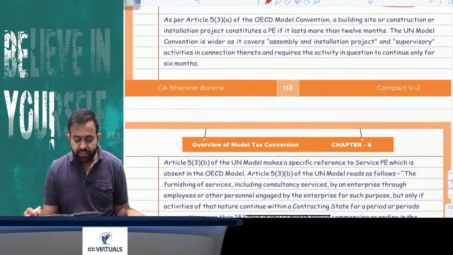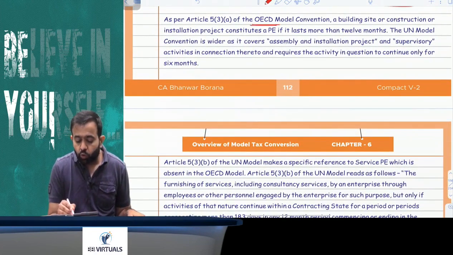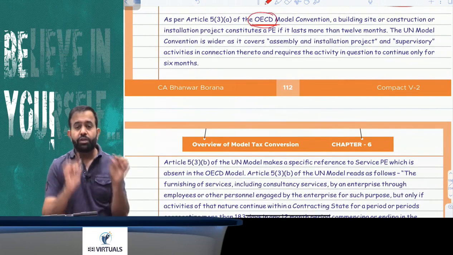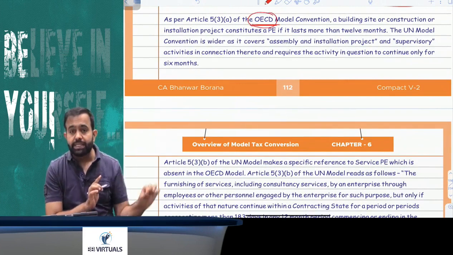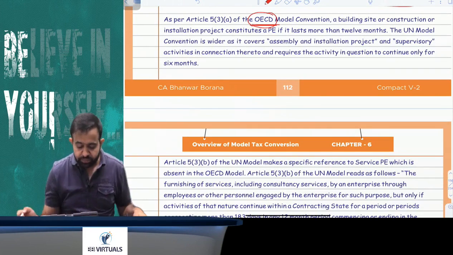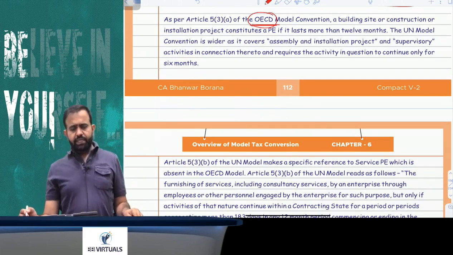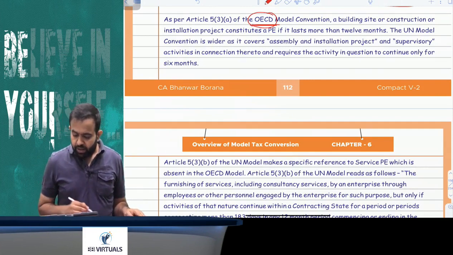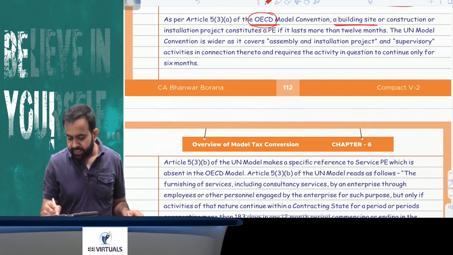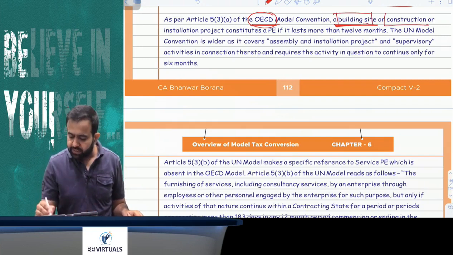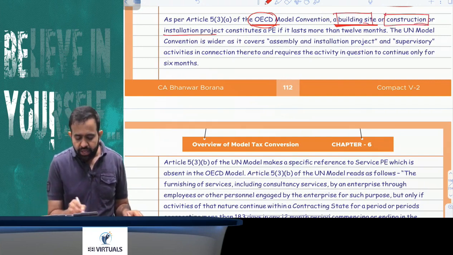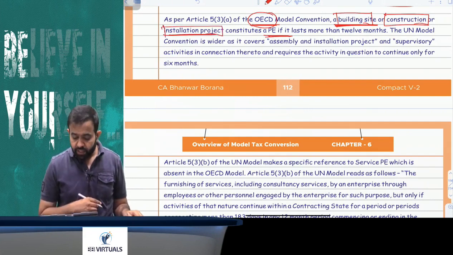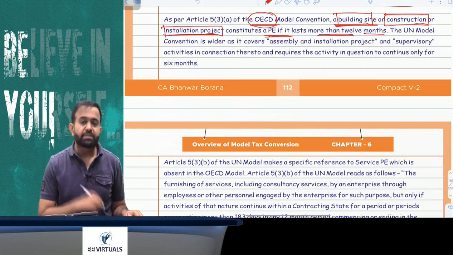Now guys, as per article number 5.3(a) of the OECD model, here we are going to differentiate between the OECD and UN models, so just pay attention. As per article 5.3(a) of the OECD model, a building site, a construction site or an installation project also constitutes PE if it lasts more than 12 months.